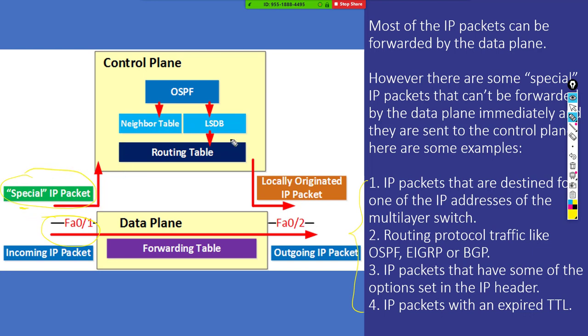As I told you, these are the 3 planes that we see on all the switches. Your basic switches will not have these 3; all 3 are embedded on one motherboard. But with advanced switches like the 4500 and 6500, the planes are divided: data plane, control plane, and management plane.